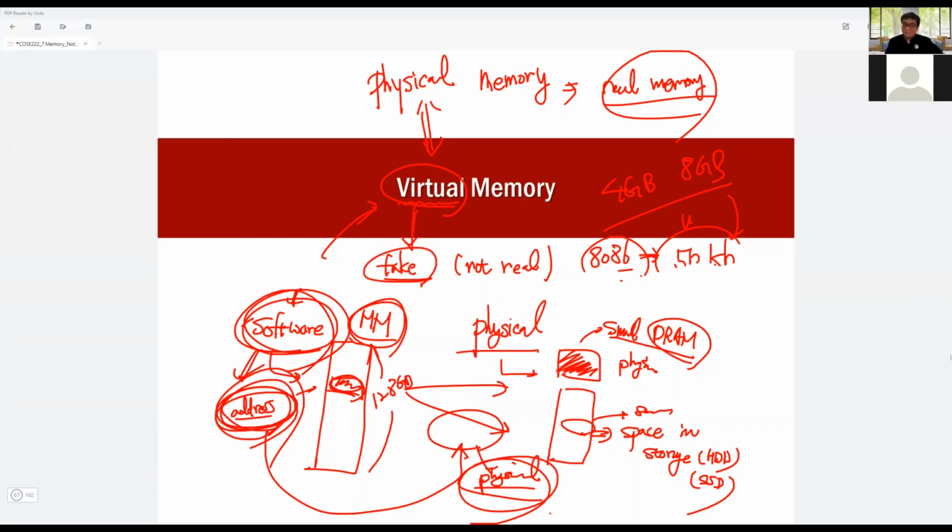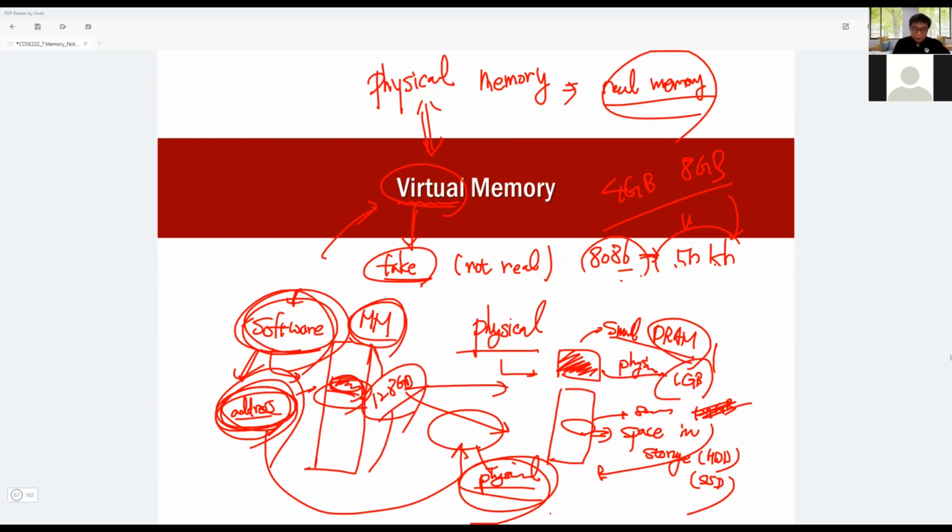It's very large, and you can use any space in this 128 gigabytes. But in reality, our system has 1 gigabyte of DRAM and 127 gigabytes in the storage.